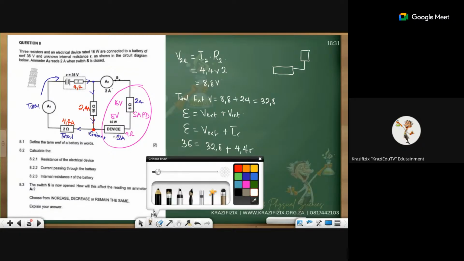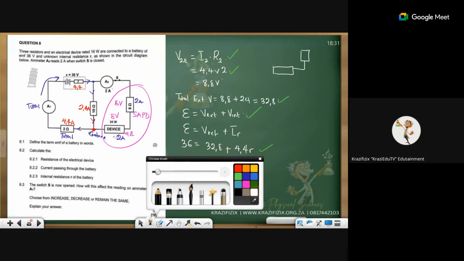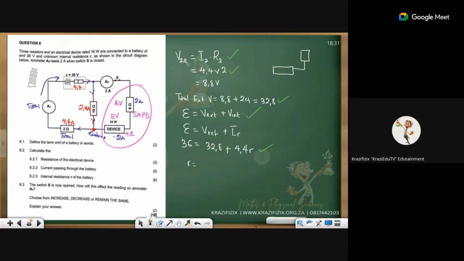While you're getting the answer, I want to see where the 6 marks come from. 1, 2, 3, 4, 5. What's the answer? 0.7. Okay. So that is where the 6 marks came from.